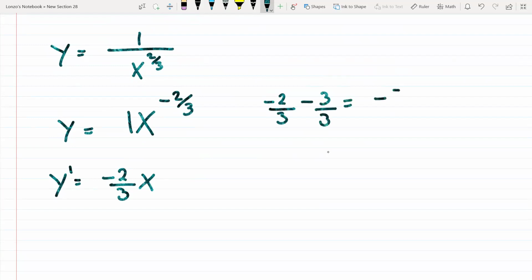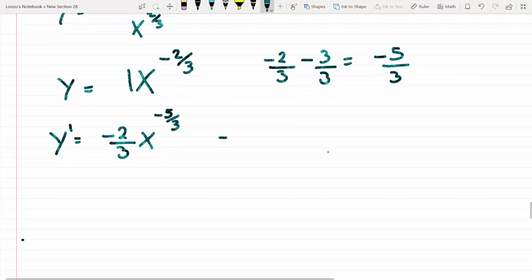So that would be negative 5/3. Okay. What would I do next? Maybe I should write it as a positive power.